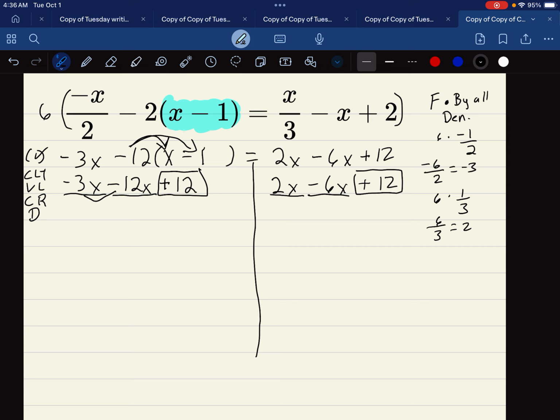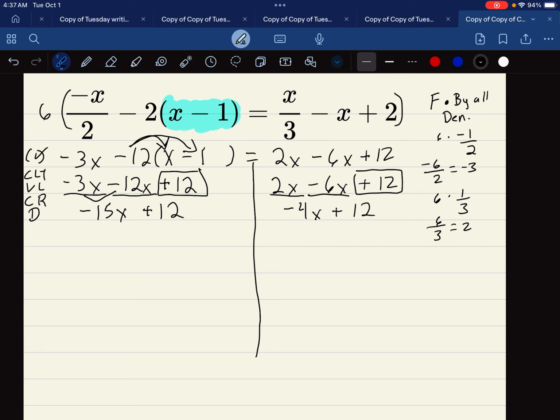Negative and negative become more negative, so negative 15x plus 12. Positive, negative, opposite sign, subtract. Keep the sign of the larger number. So 6 minus 2 is 4x plus 12. And it's negative because 6 was negative.